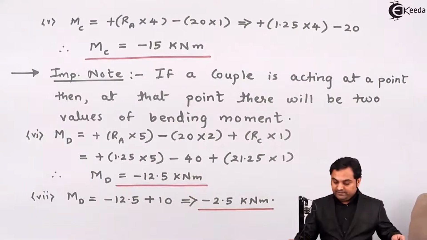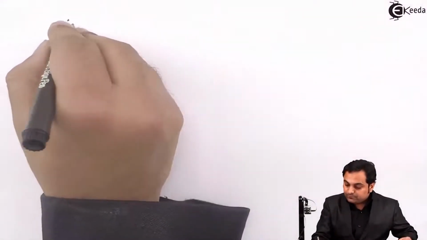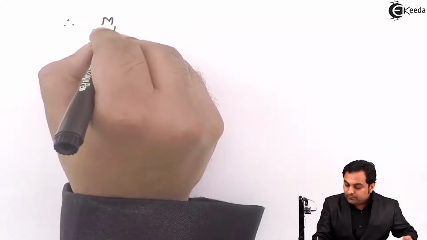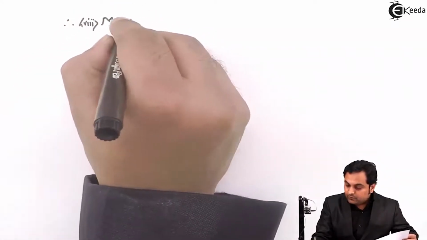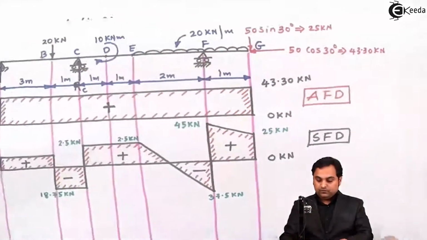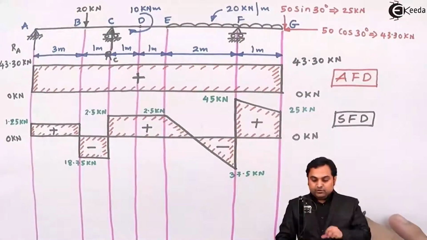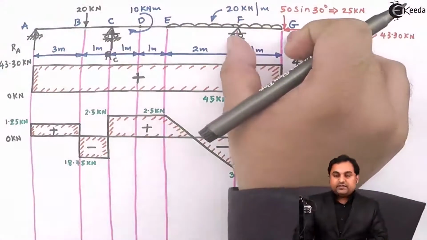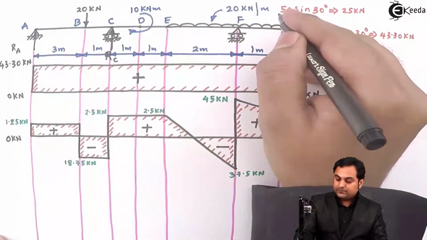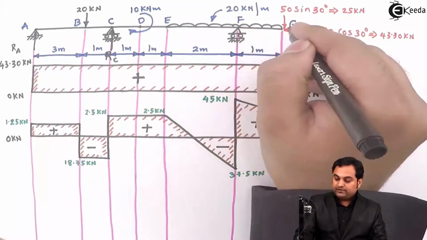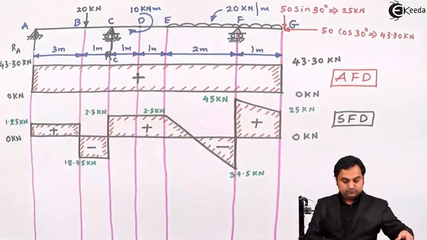Next, only moment at F is left. So moment at point F will be equal to, this can be solved by taking the right hand side portion, only F to G. So 50 sine 30 is producing clockwise moment on right hand side.